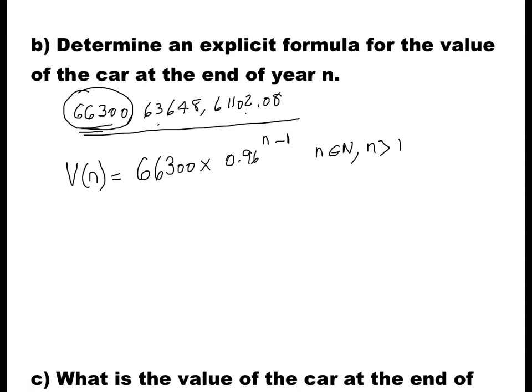For instance, if n is 1, at the end of the first year, 1 minus 1 gives you 0, so 0.96 exponent 0 is going to give you 1, so the value of the car at the end of year 1 is going to be 66,300, which is correct. If n is 2, then it's going to be 2 minus 1, which is 1, so 0.96 times 66,300. We did it before, and it's going to give you this one, and so forth. So this one is the explicit formula.